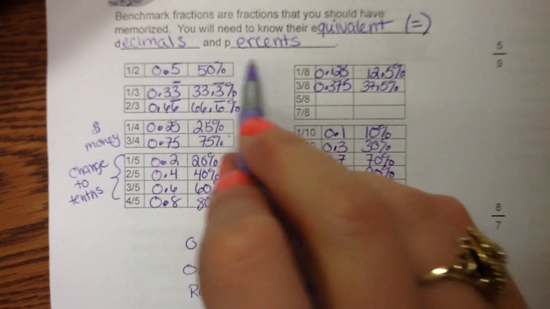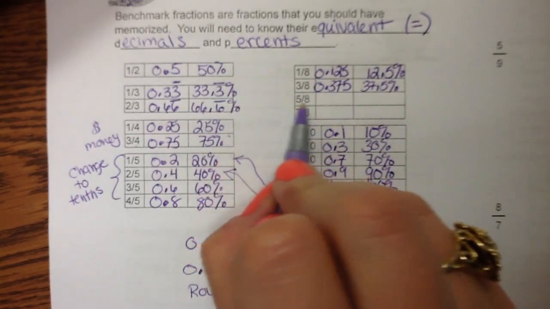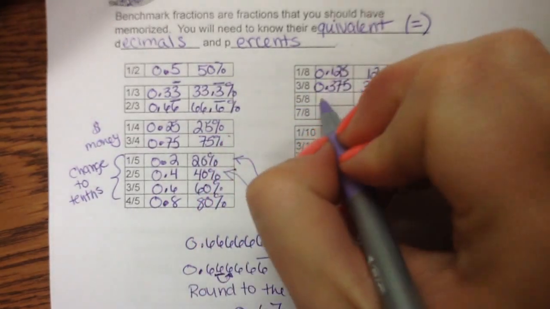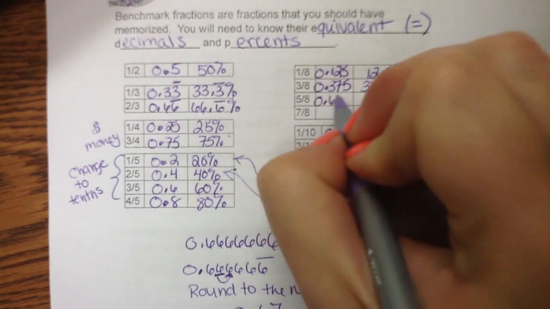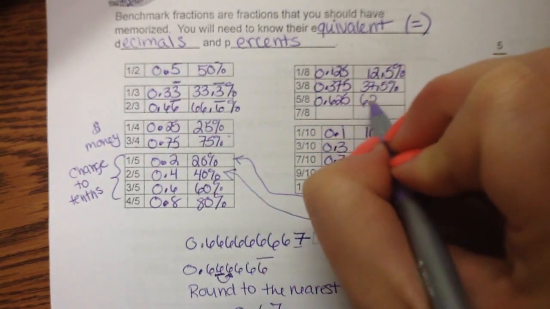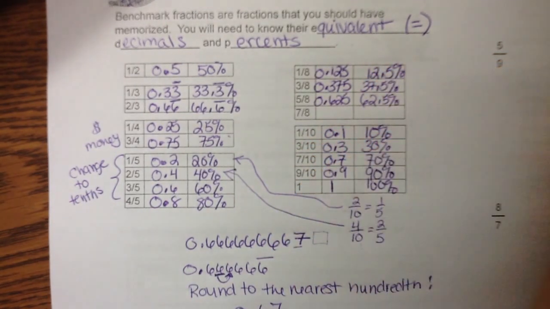4/8, same as 1/2, it simplifies down. 5/8 is going to be 0.625, or 62.5%.